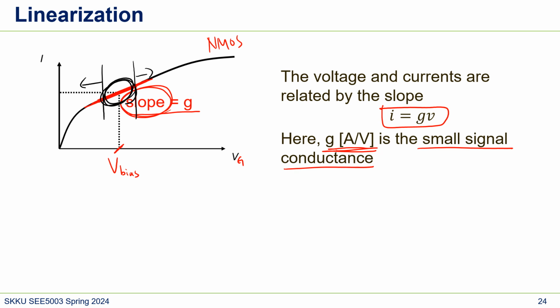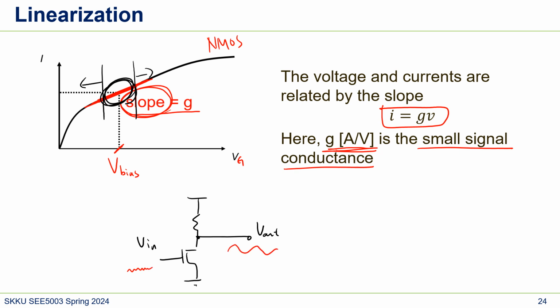And then you might wonder, what if the analog circuit doesn't have small signal operation? What if the analog circuit actually has a huge signal? In the previous case, it was like this, right? V in, V out. Our assumption was that this input is really small, and this output is also small.